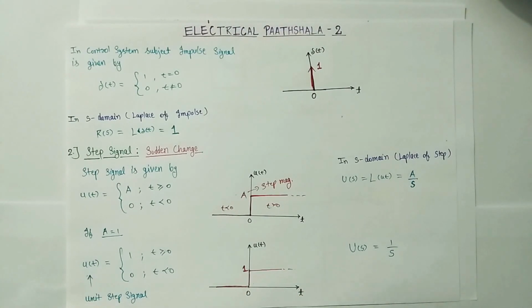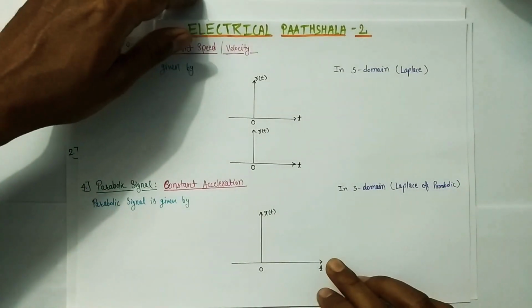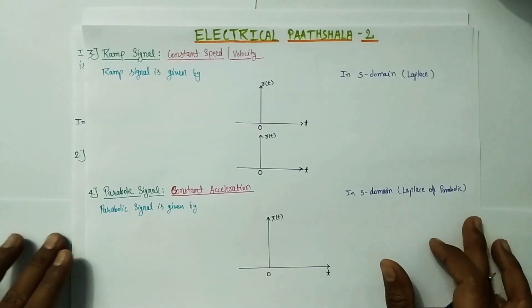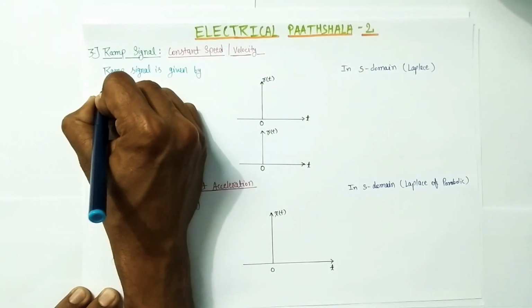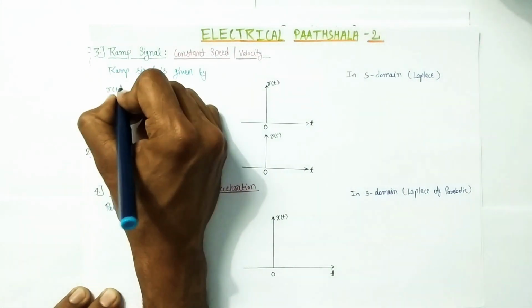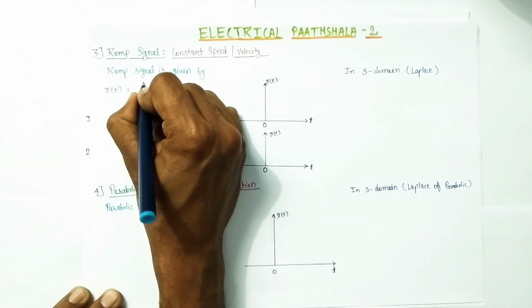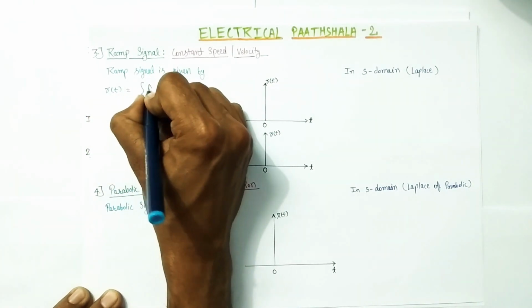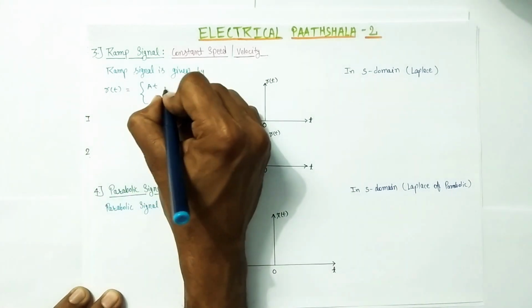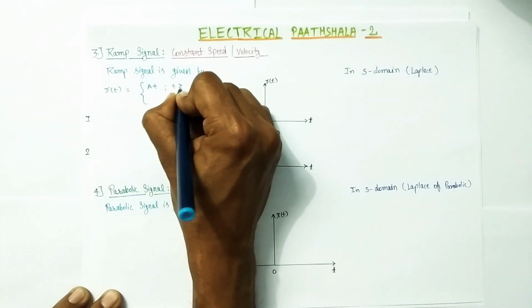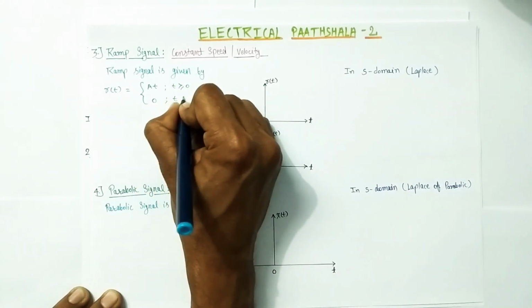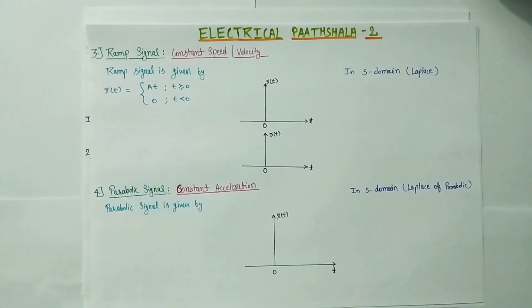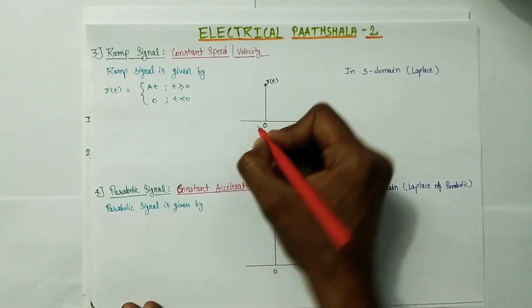Now our third signal is the ramp signal. So guys, the ramp signal is given by r(t). r(t) is equal to A t for t greater than or equal to 0, and 0 for t less than 0, and it is graphically represented like this.